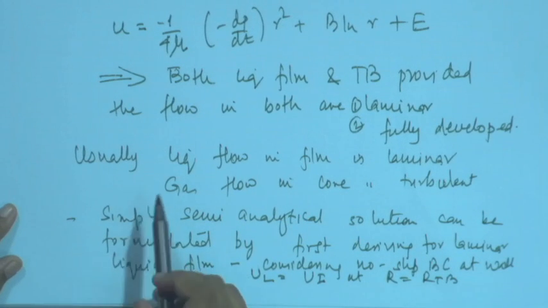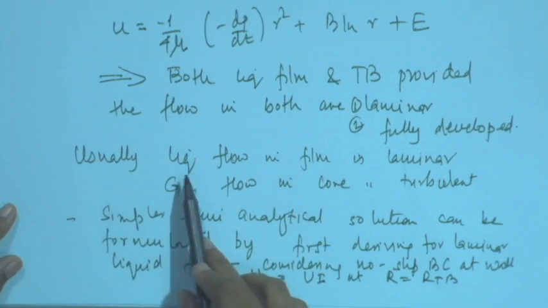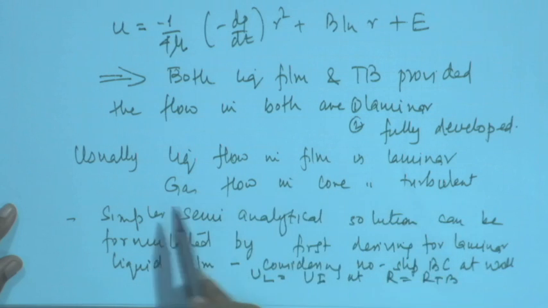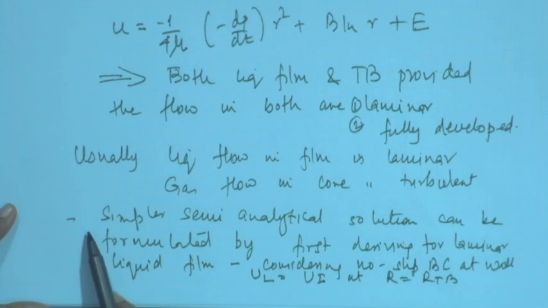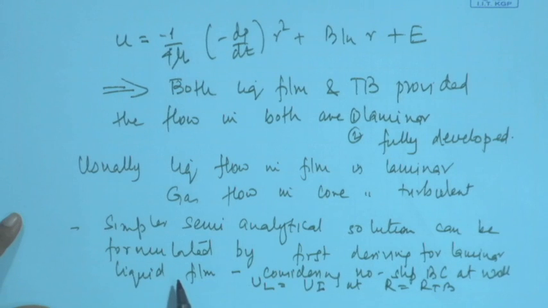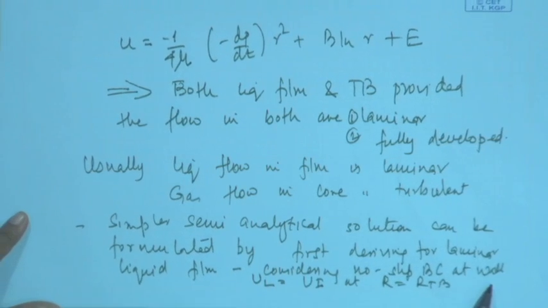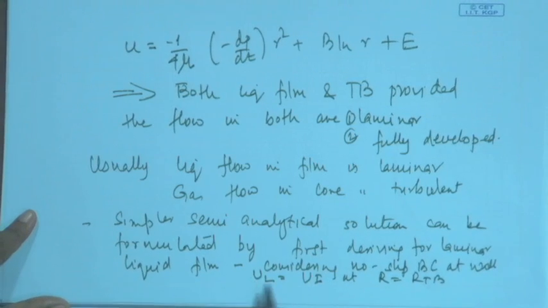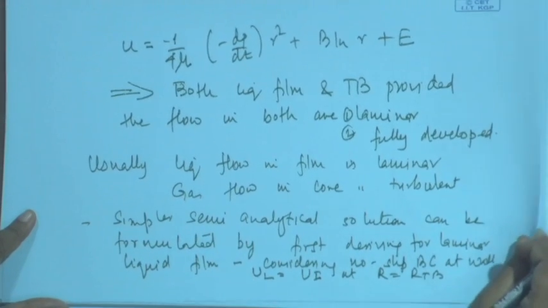So, for the case of laminar liquid flow in the film and turbulent gas flow in the core, the simpler semi-analytical solutions can be formulated by first deriving the expression for the laminar liquid film, and the boundary conditions for deriving the expression are the no slip boundary condition at the wall, and the liquid film velocity being the interfacial velocity at r equals R_TB.